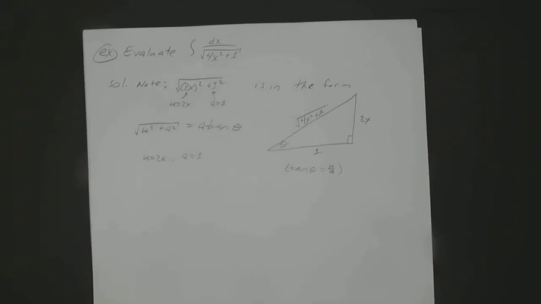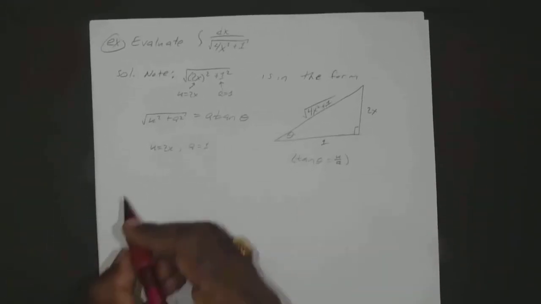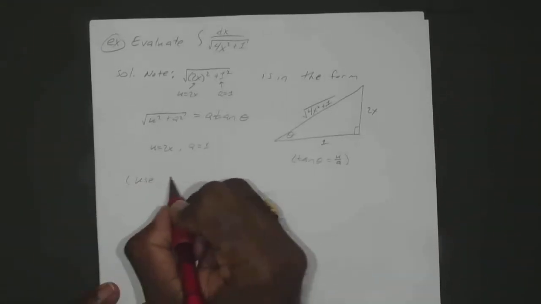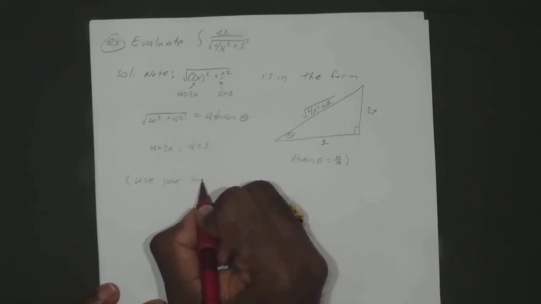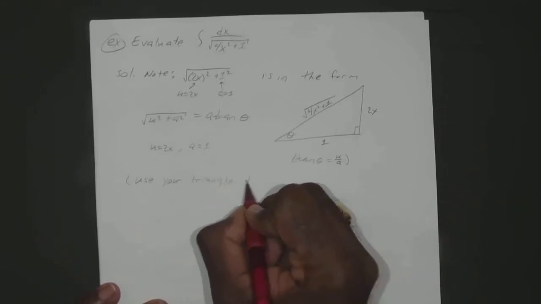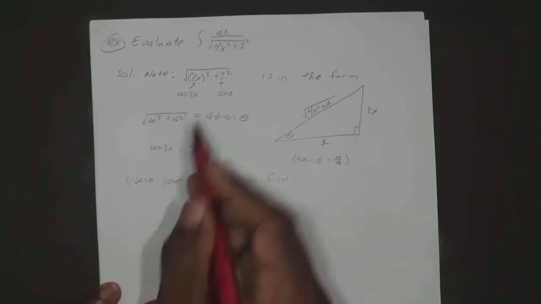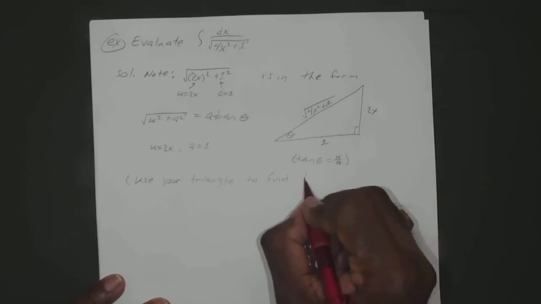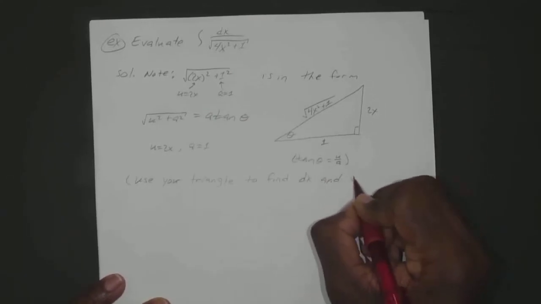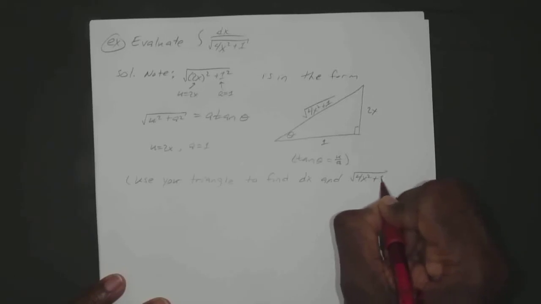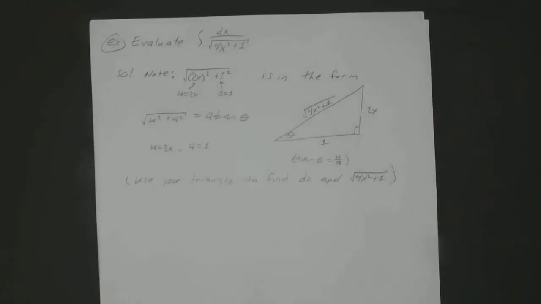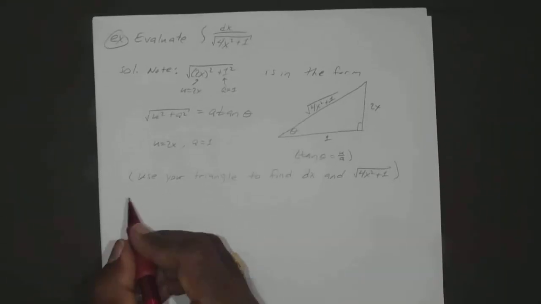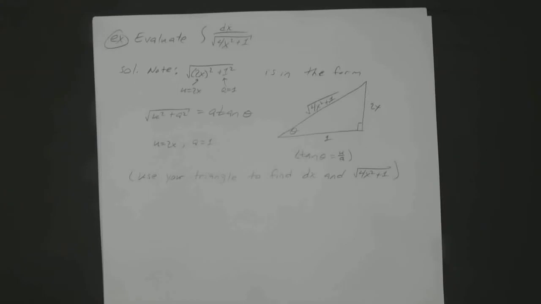All right, so once you do that, now you use your triangle to find your dx and your square root of 4x squared plus 1. Remember, once you draw your triangle, you're just going to use it to replace everything up there. And then you're also going to use your triangle to convert whatever the answer is once you get done.